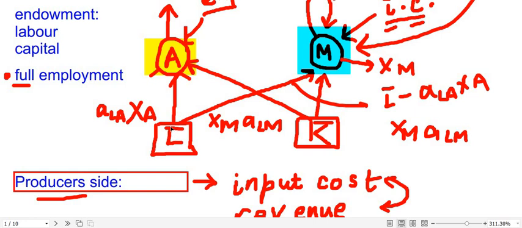So you can see that L bar has 2 components. One is ALA XA and the other is ALM XM. Recall that we had considered the full employment condition. That means these two constitute the entire labor force. There is no surplus labor.